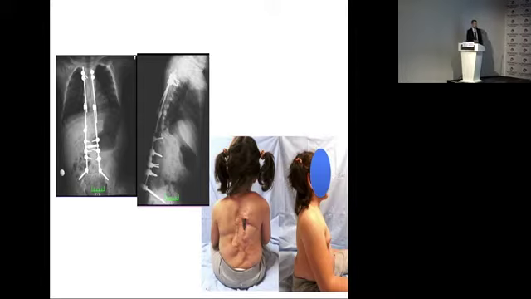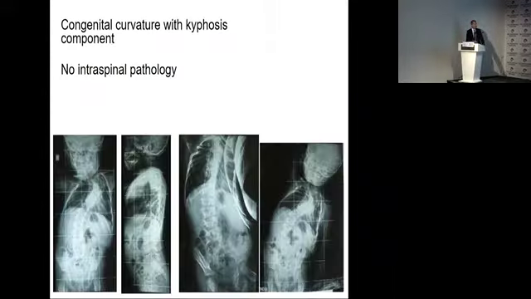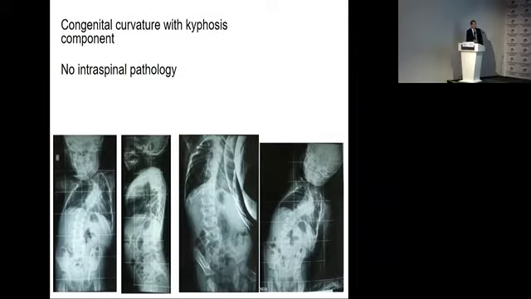This is another one, 2 years old, and this patient doesn't have any intraspinal pathology. She looks balanced, but her curvature, especially the upper thoracic curvature, is a huge deformity. As you can see, it's not that flexible, and we thought that if we waited, we would create more and more big problems.